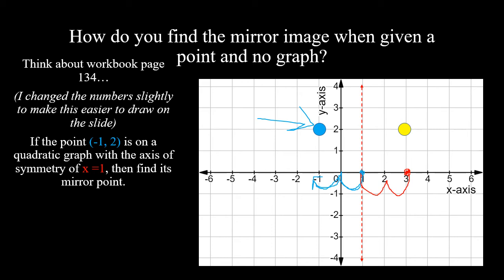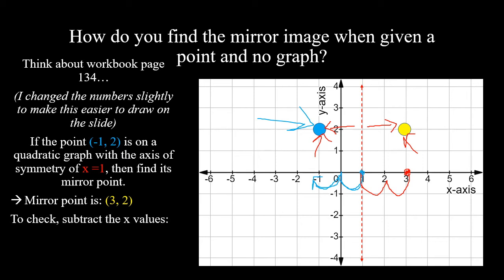Your points have to be equidistant from your axis of symmetry. So if this point was 2 away, then this point has to be 2 away. And you can always check this using subtraction, so we know our mirror point is 3, 2. You can check this by subtracting the x values. Again, our axis of symmetry was x equals 1, right?